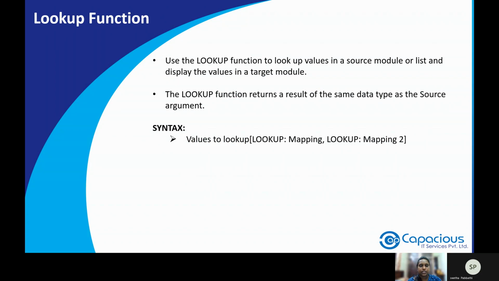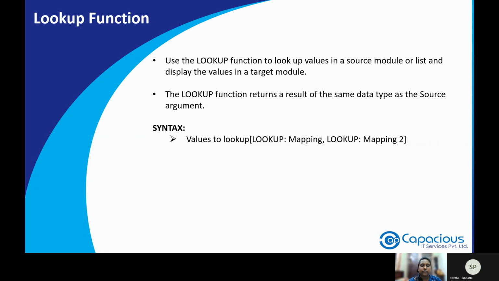Next is the lookup function. The lookup function looks up the values in the source module or list, and it displays the value in the target module. This function returns a result of the same data as the source argument, but it just gives a reference to that target module.